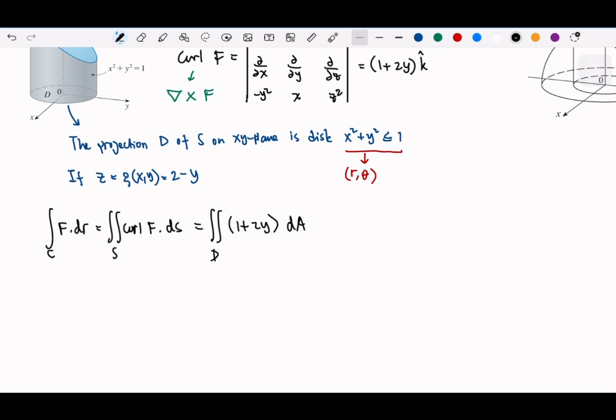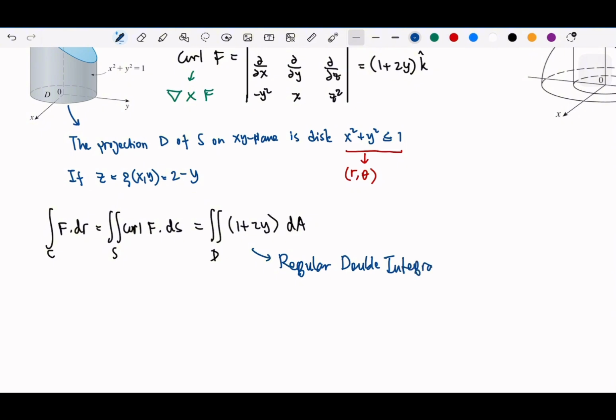Now this is just a normal double integral, just like the double integrals we did in calculus, a regular double integral.